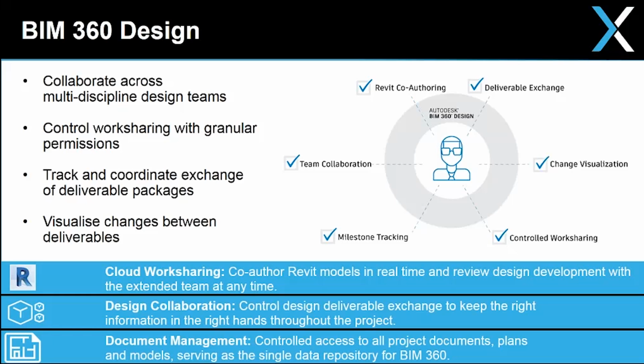BIM 360 Design brings in the idea of deliverable packages. So internally we can communicate essentially in real time. For external collaboration, we can monitor and determine at what point we publish and create these deliverable packages, which is quite a big change and makes things much easier.